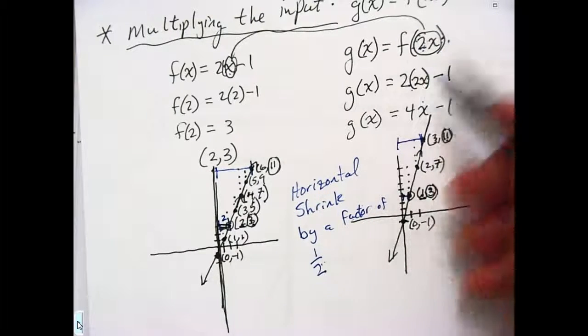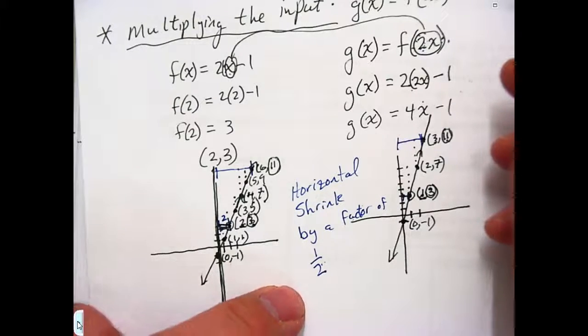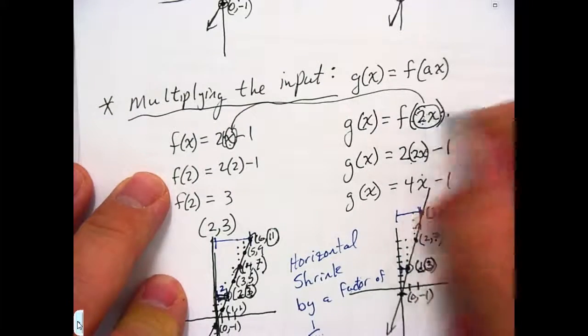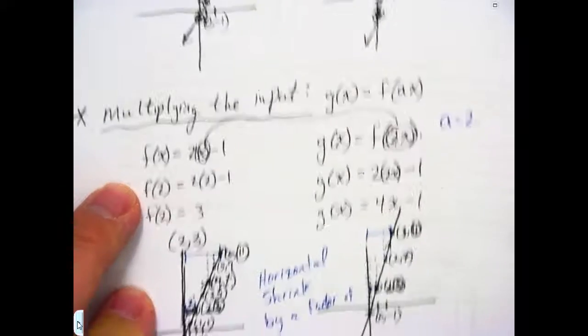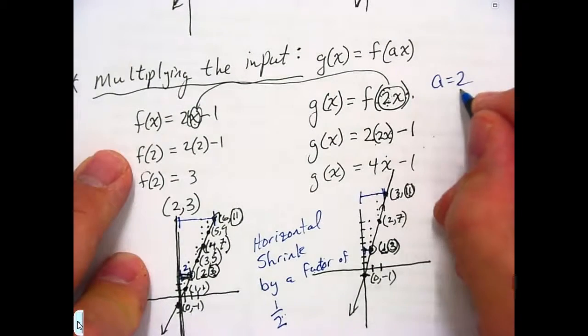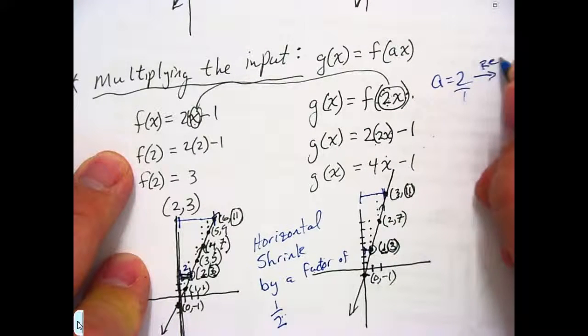How many of you remember what reciprocal means? Reciprocal is just doing what? You flip it, right? So if I say A equals 2 here, well, 2 is 2 over 1, and the reciprocal is 1 over 2.